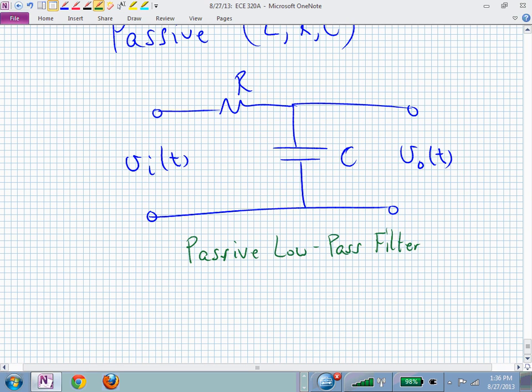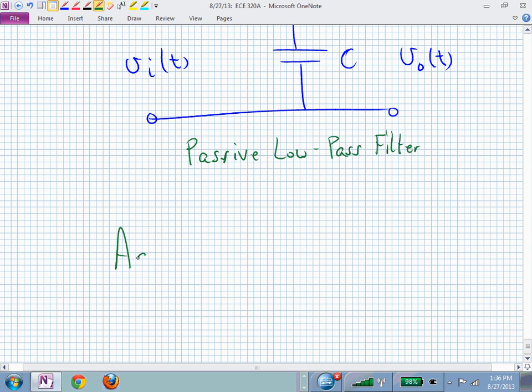We will also start playing with active filters. And when we're playing with active filters, now we're dealing with op amps. That's what we'll play with here. Now we have these ideal circuit elements that are op amps.